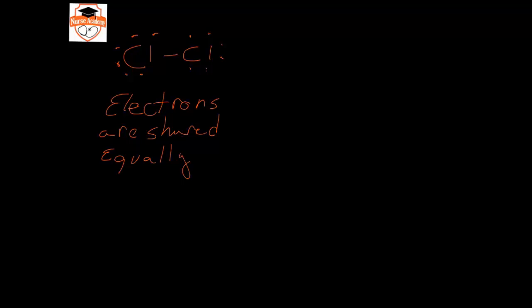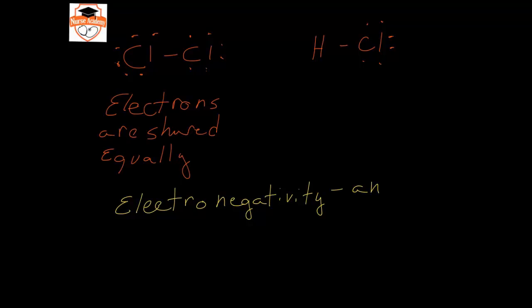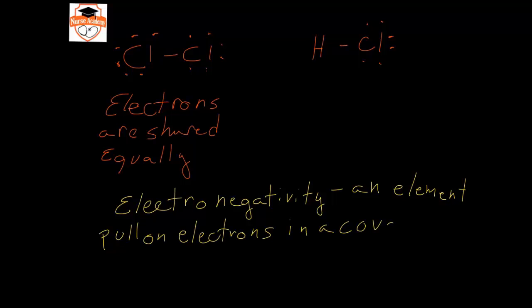But there are some compounds where you have two elements, and these two elements have different greediness towards electrons. And that greediness, the term that we use for it is electronegativity. That's an element's pull on electrons in a covalent bond while bonding.